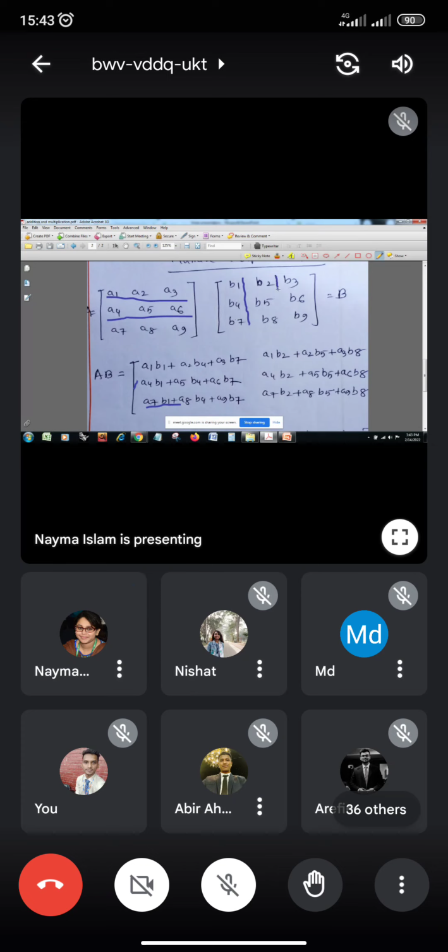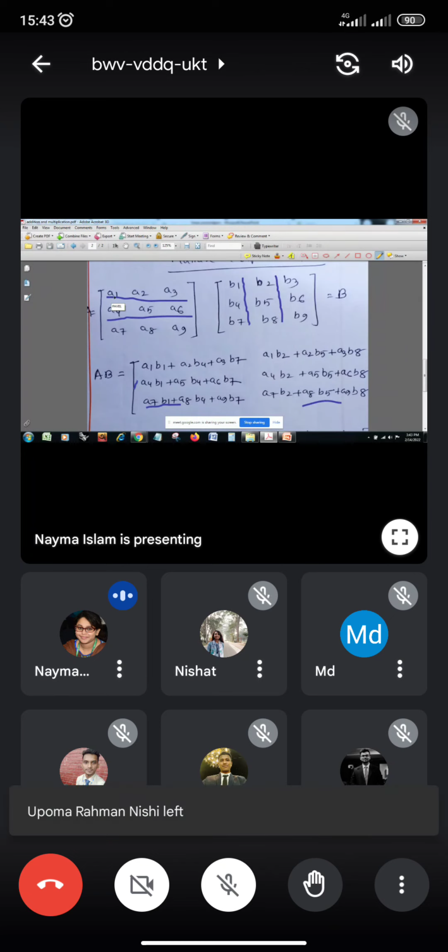After that, you have to consider the second column and place the results here. So it will be A1 into B2, A2 into B5, A3 into B8 here. After that, A4 into B2, A5 into B5, A6 into B8. After that, you have to place here. Then A7, B2, A8, B5, A9, B8.